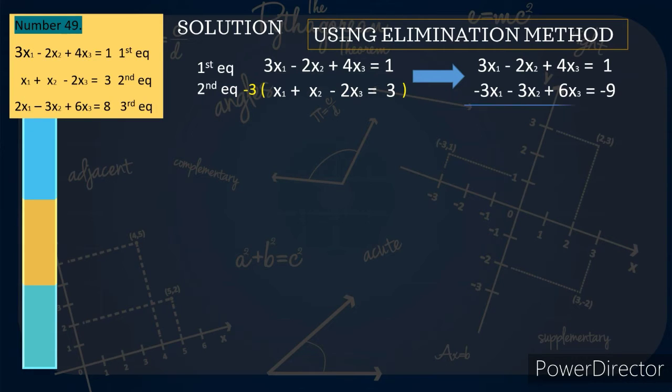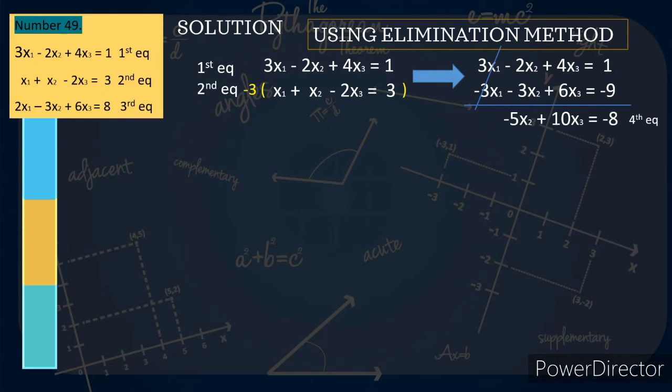And then we do the elimination process. 3x sub 1 plus negative 3x sub 1 will be cancelled, and add the rest of the given. Negative 2x sub 2 plus negative 3x sub 2 will be negative 5x sub 2. 4x sub 3 plus 6x sub 3 is 10x sub 3. 1 plus negative 9 will be negative 8. And now we have the equation negative 5x sub 2 plus 10x sub 3 equals negative 8, and we label it as the fourth equation.